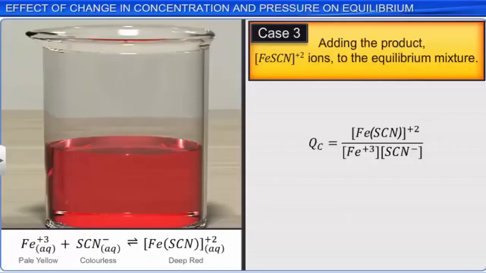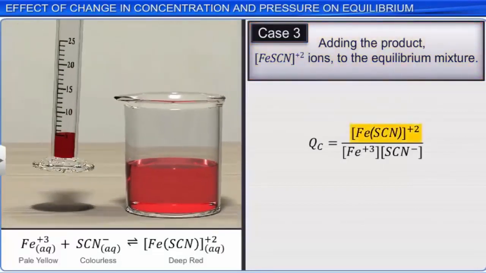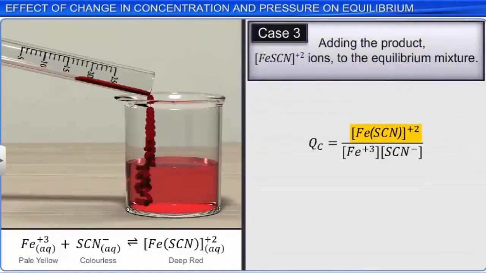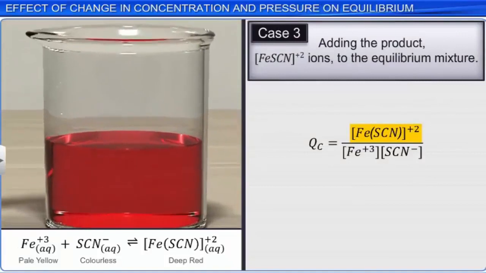Case 3. Adding the product FeSCN2+ complex ions to the equilibrium mixture. On adding FeSCN2+ complex ions to the reaction mixture, the value of the numerator increases in the expression for reaction quotient.